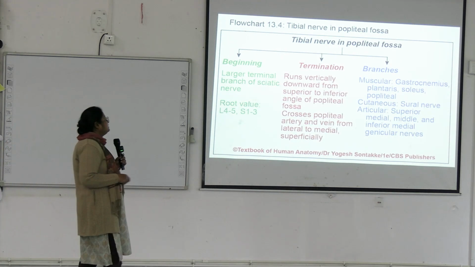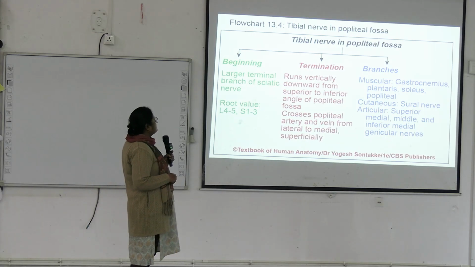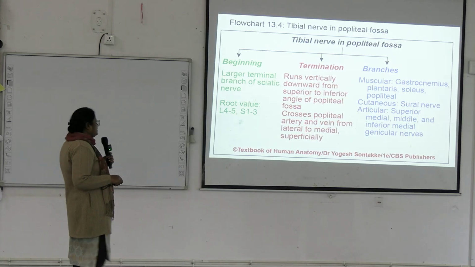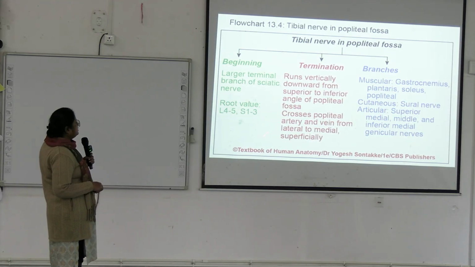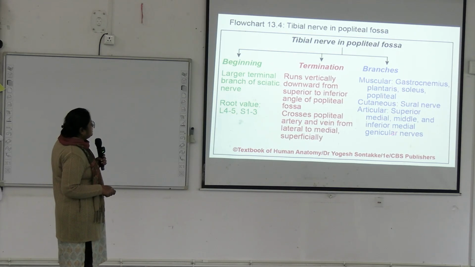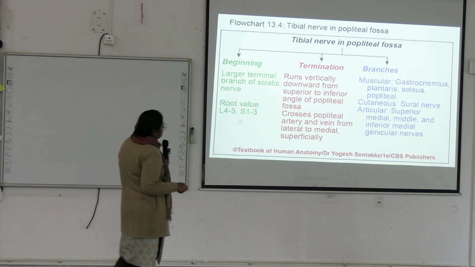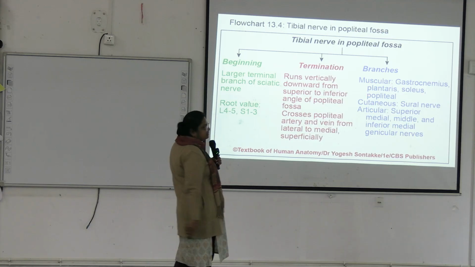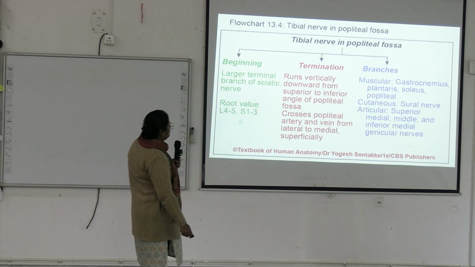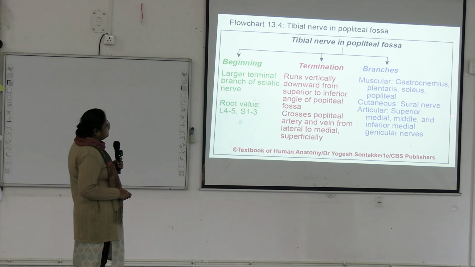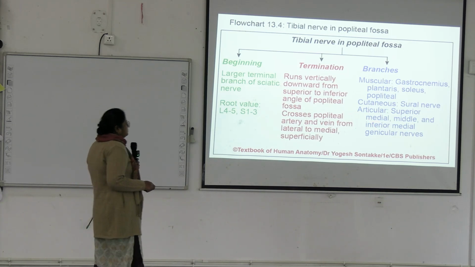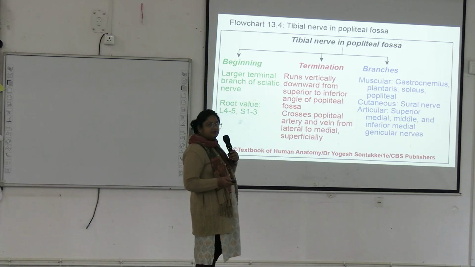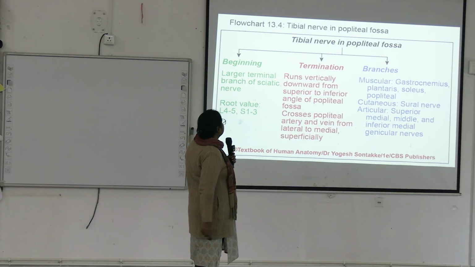It runs vertically downward from superior to inferior angle of the popliteal fossa, crosses the popliteal artery and vein from lateral to medial superficially, and branches are these: muscular branches to two heads of the gastrocnemius, plantaris, soleus, popliteus, other muscles of the back of the leg. Cutaneous branch is the sural nerve. Articular branches are superior medial genicular, middle genicular, inferior medial genicular nerves. These are articular branches to the knee joint.